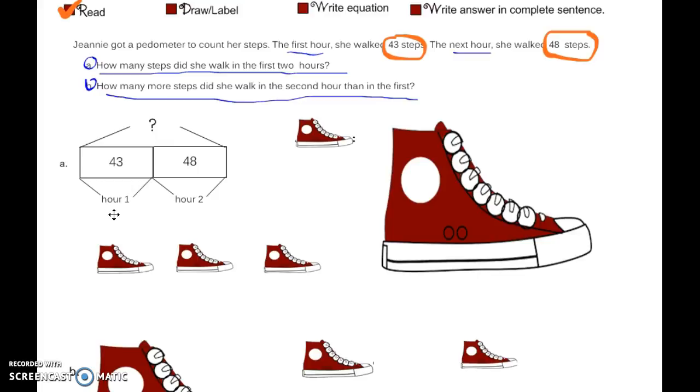Your tape diagram should look something similar to mine. In the first hour, there were 43 steps. In the second hour, there were 48 steps. What we don't know is the total amount of steps altogether. If you did not draw your tape diagram correctly, please go back and fix it so that we can continue.